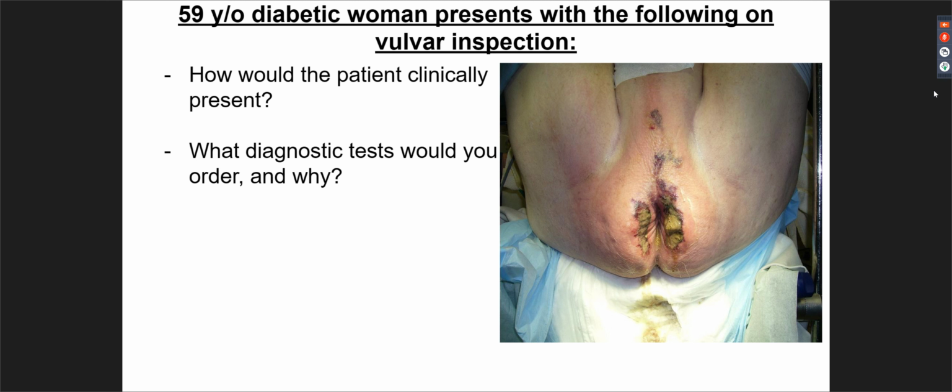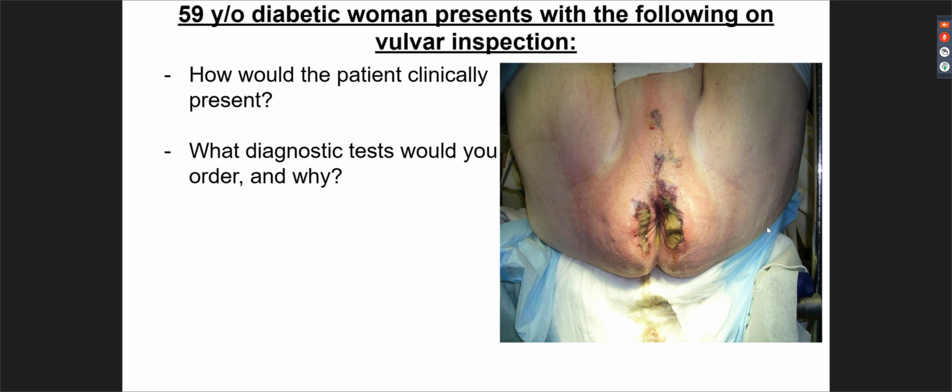Right. Honestly, I haven't seen too many of these cases, but I would expect the skin to have a devascularized appearance, maybe violaceous or black due to the lack of blood supply. Even though I would expect the patient to initially have a lot of pain, in the devascularized area potentially she would have loss of sensation.